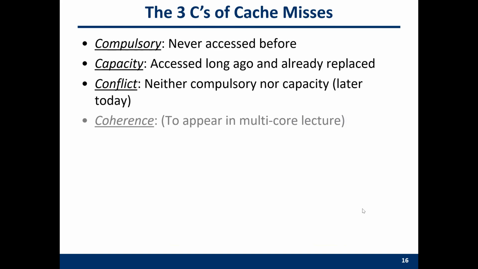Then it's impossible for you to cache 1 megabyte. You will frequently have a miss in this case. And the other two are conflict and coherence. This is related to multicore. They are not a compulsory or capacity problem.